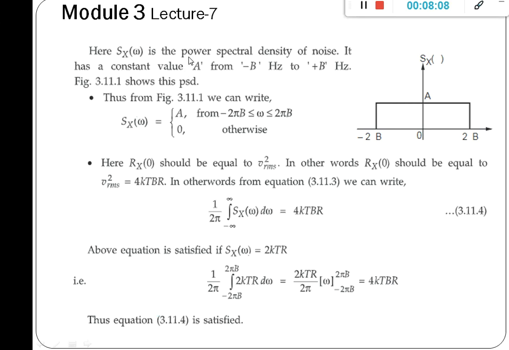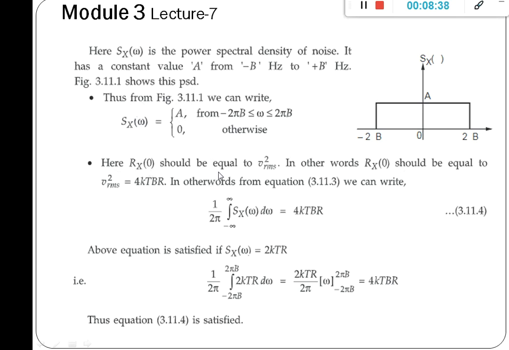It has a constant value A from minus B to plus B in Hertz, and let's represent this. Sx of omega is given over minus 2 pi B to plus 2 pi B, with amplitude A, and 0 otherwise.